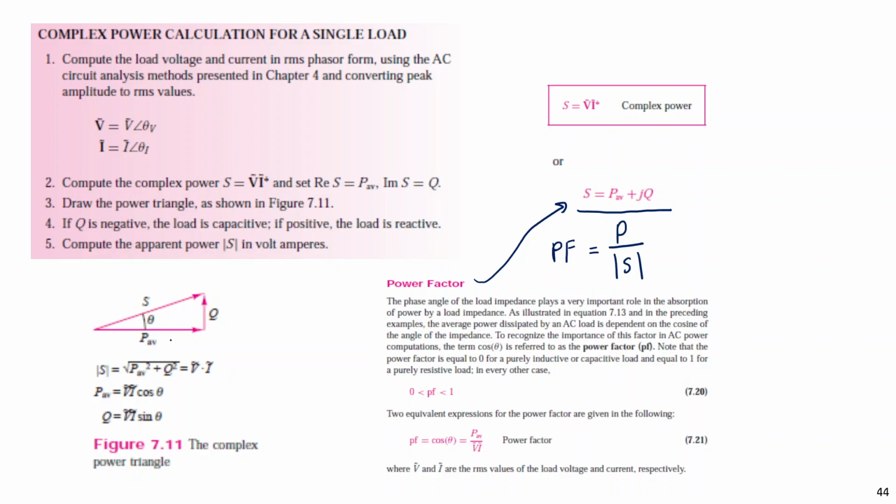So we have P and Q, and we can calculate the magnitude of complex power. So what is absolute S? It will be square root of P square plus Q square, right? So P is the real axis, Q is the imaginary axis, and we can have S in this.